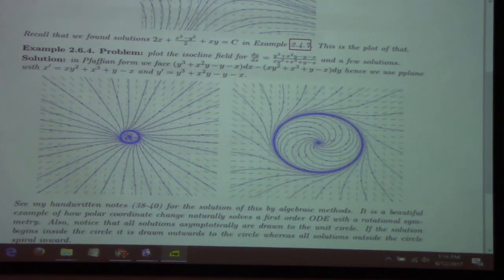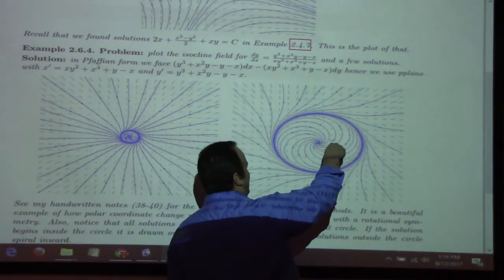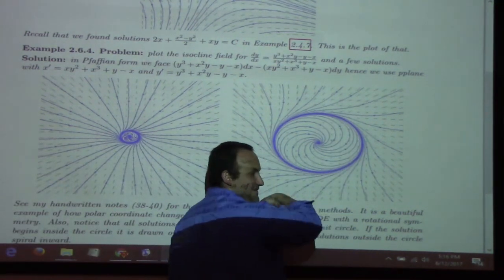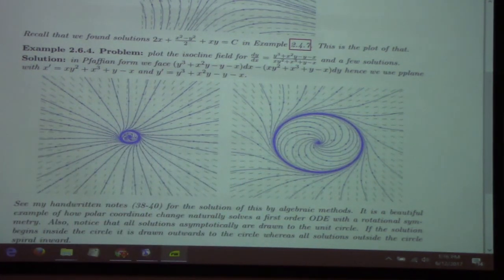But I don't think that's terribly obvious from the outset, is it? But if you chuck this into p-plane, it reveals itself in the fact that it has a certain circularity, right? There's some sort of periodicity of the solutions. If you look at any different angle, it's the same, right? So there's some sort of polar rotational symmetry to the solution set, which suggests that a polar change of variables is the right way to solve it.